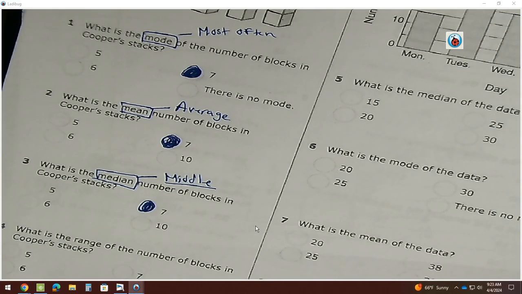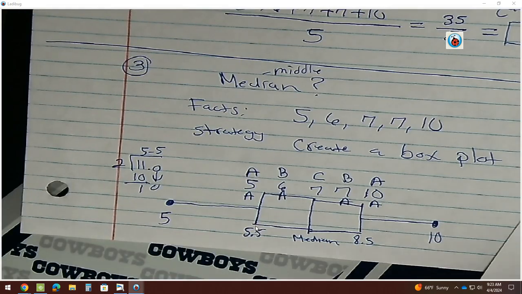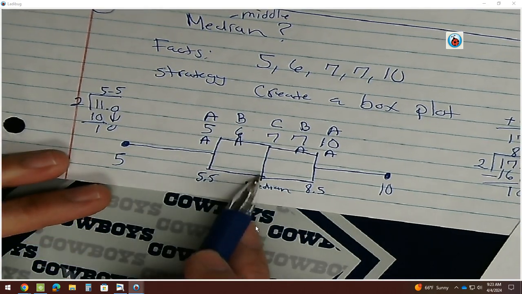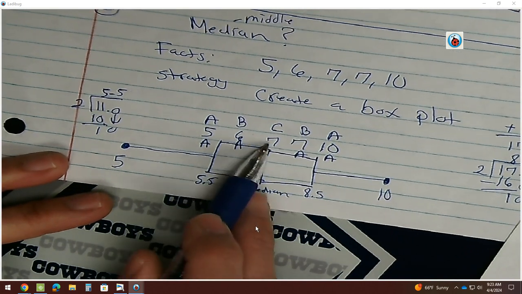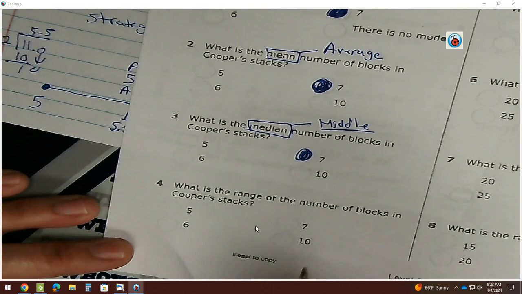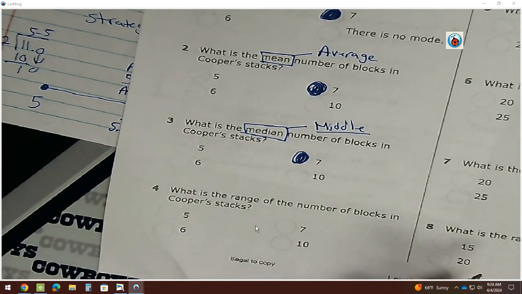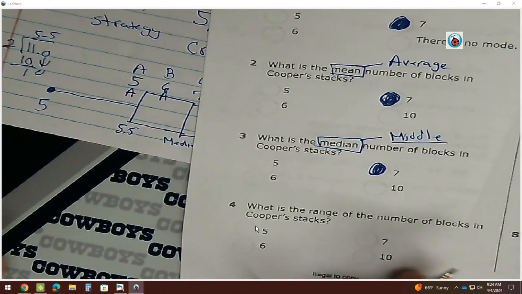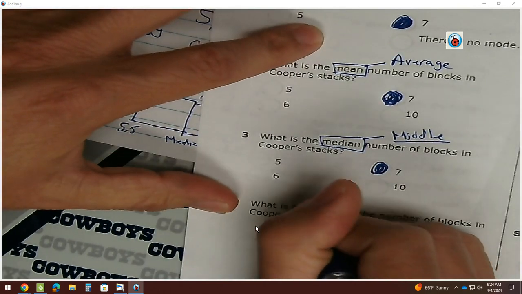Okay. So now that I drew my box plot here that they have, who was the median? Yeah, the middle. And who's in the middle? 7. Right? So what's the answer again? 7. Question number 3. Number 4. Range.